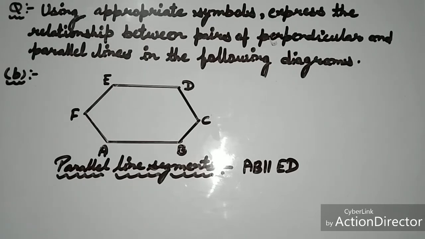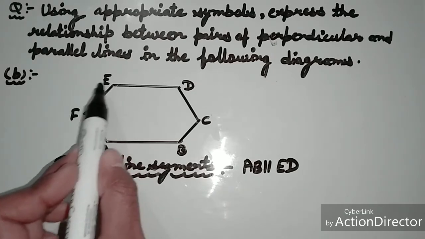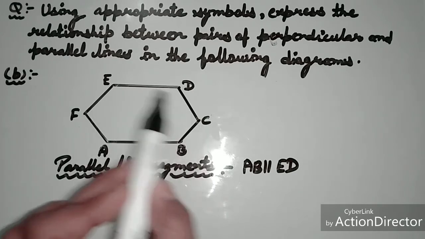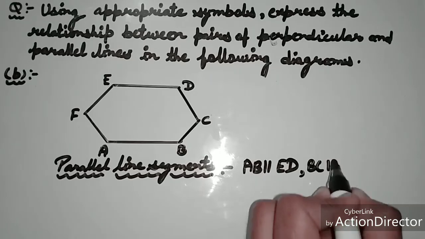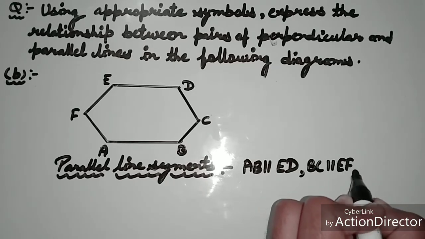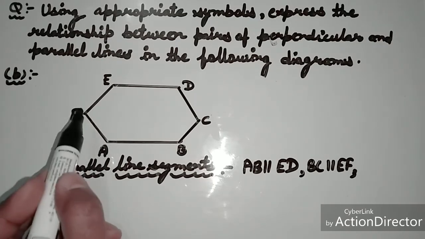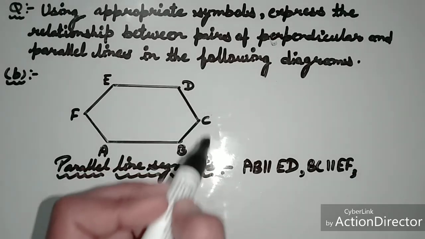And BC is parallel to EF. So we write BC is parallel to EF. Now the next, AF is parallel to CD.